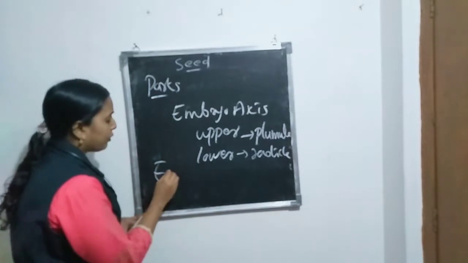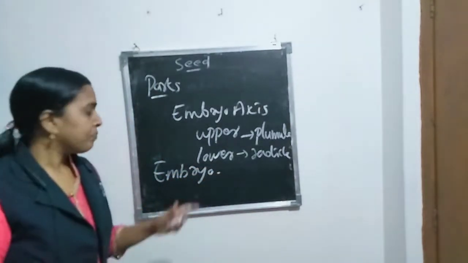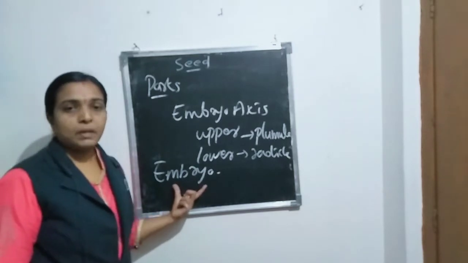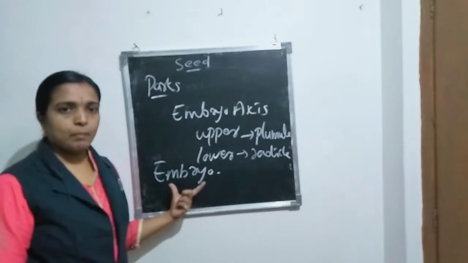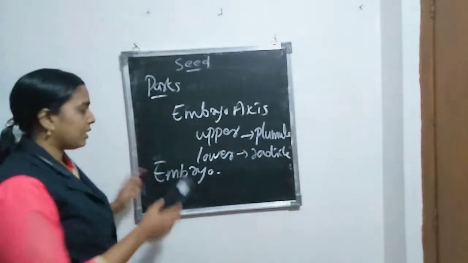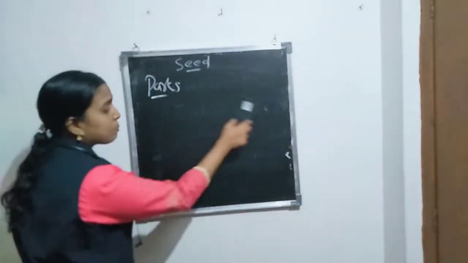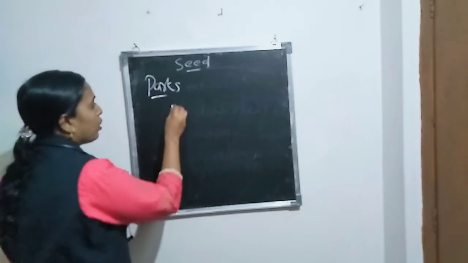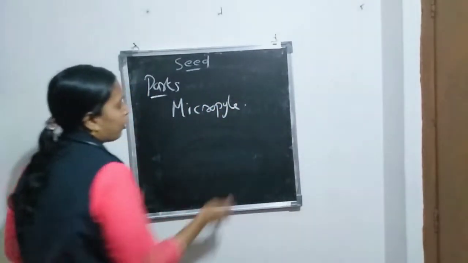The next part of the seed is known as the embryo. Embryo is the part that becomes the seedling or the young plantlet. Embryo is also known as young plantlet. That is also present in the seed. Then there is another part present on the seed coat called micropyle.